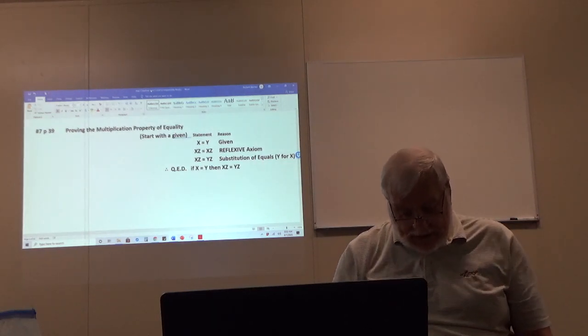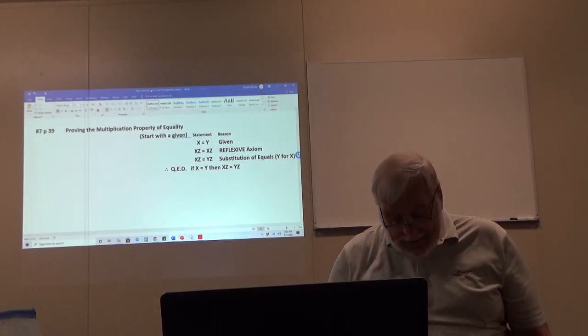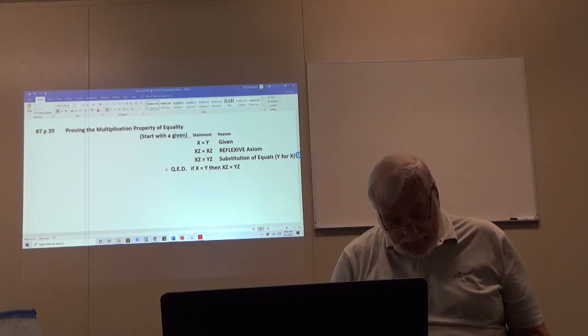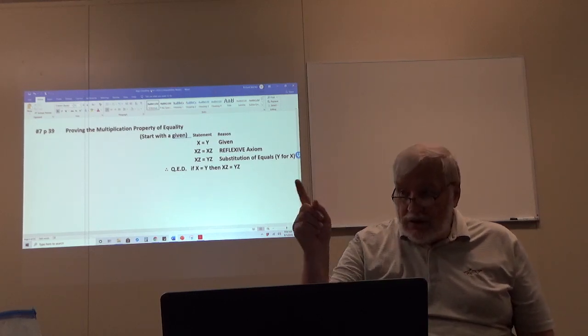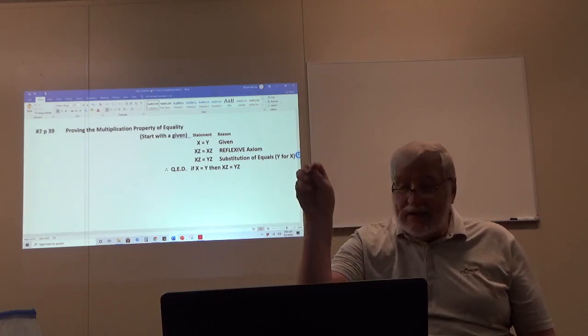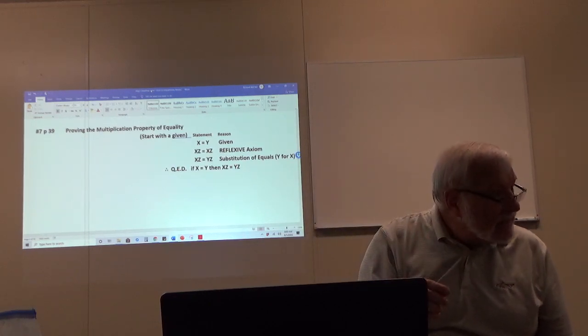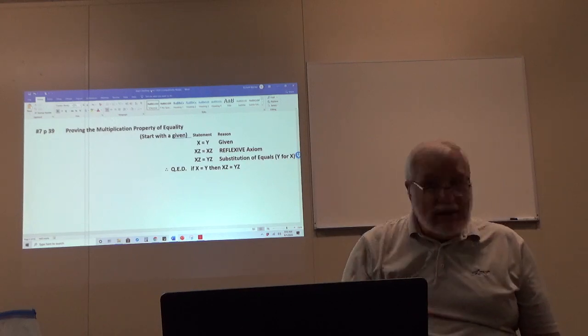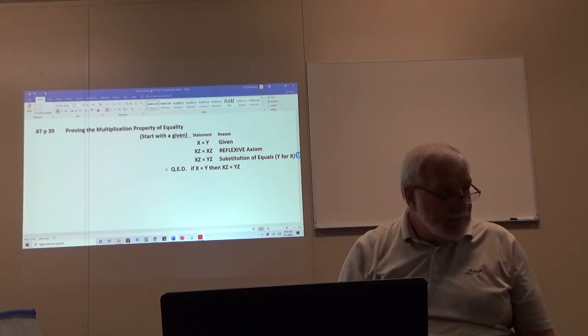Okay, now look at 14. Look at 14. All right. 1 plus 0 equals 0. All right. If 0 equals 0, and pretend that that 0 is like an x, then what property allows you to write 0 equals 0? Reflexive.